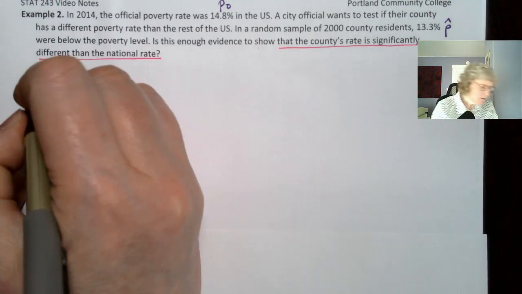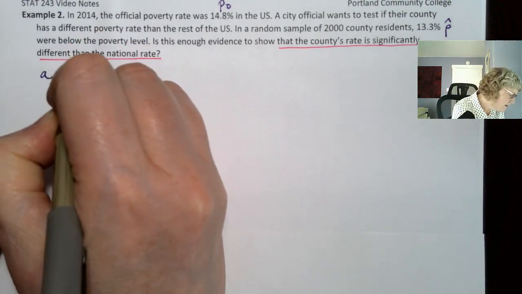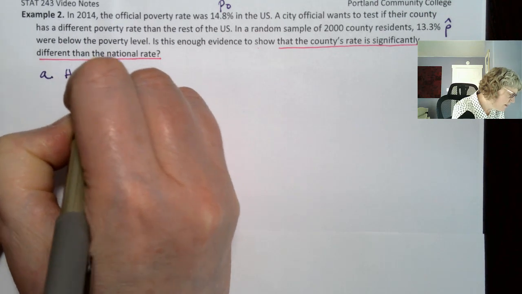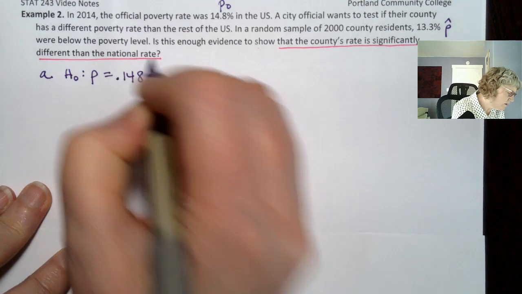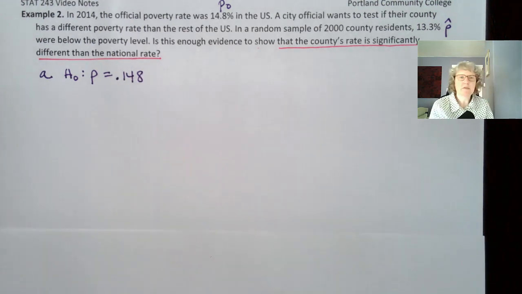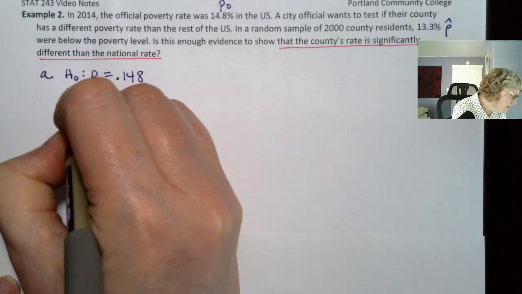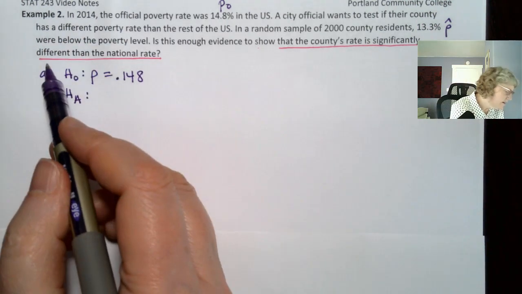Okay, let's go with step A, and that's writing our hypotheses. H0 is P is equal to 0.148. So that's saying the poverty rate in the county is the same as the whole U.S. poverty rate. And then the alternate, significantly different.